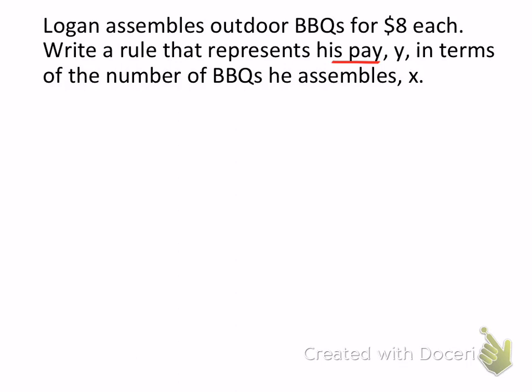And the independent, Nicole, is the X, which is the domain, which in this case is represented by what? Gabby? Number of barbecues. So my domain is the X, my input, and that's the number of barbecues.